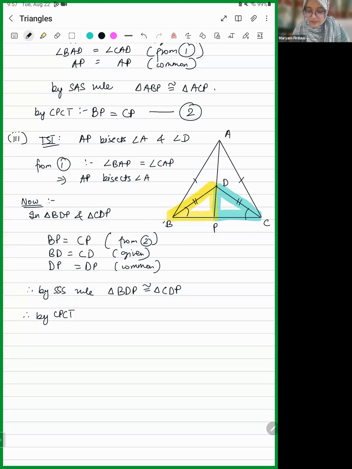So therefore, by CPCT, angle BDP will be equal to angle CDP. That implies AP bisects angle D. So we have proven this.